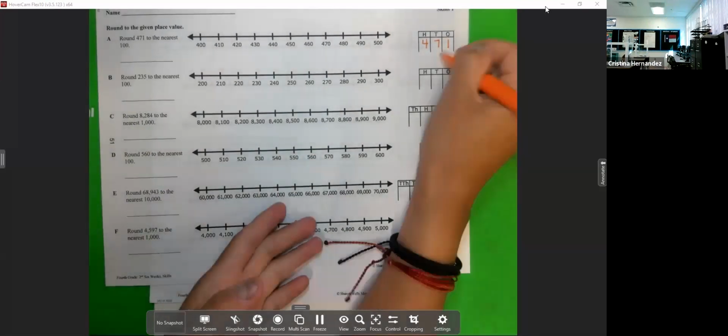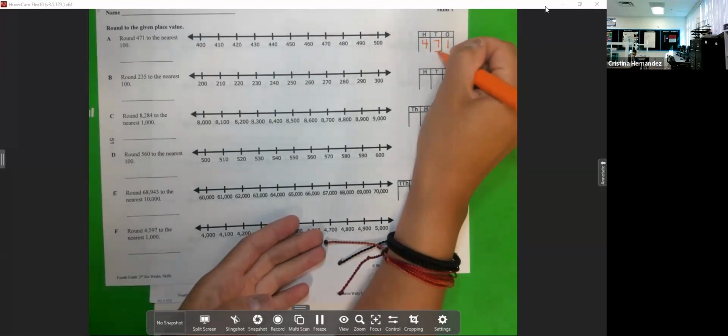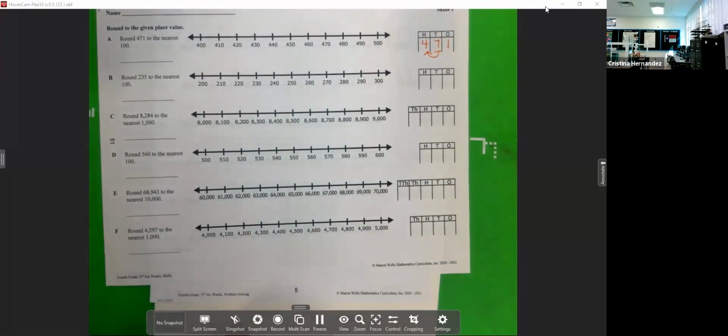7. So that number is going to tell me if this number is going to go up or go down. It's always the number to the right. The next number to the right is going to tell me if I round up or if I round down. 5 or more raises scores. 4 or less, let it rest.